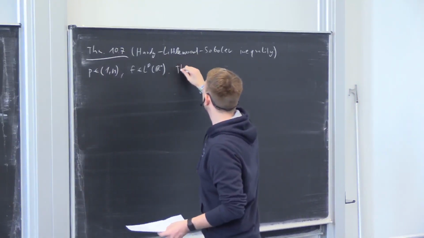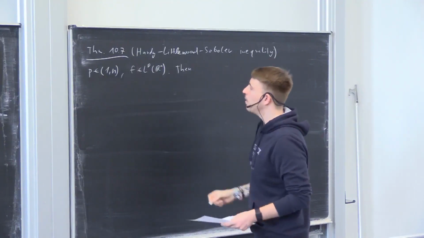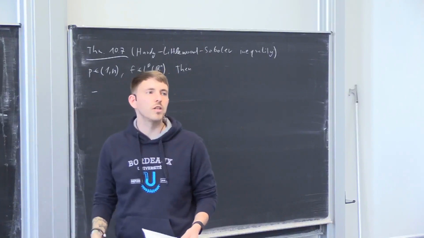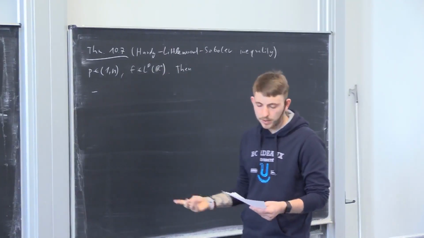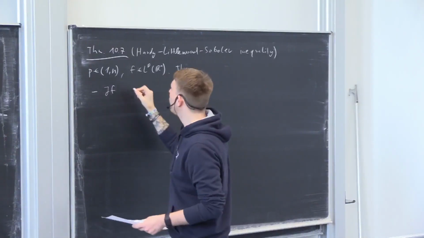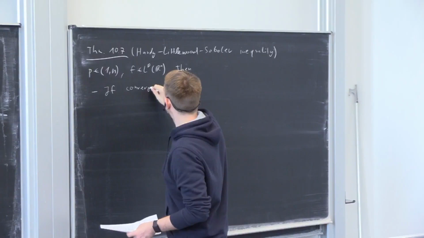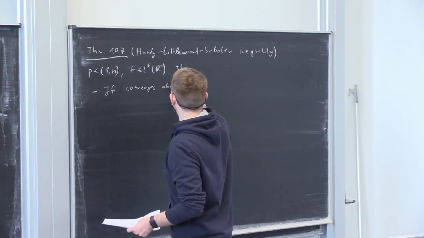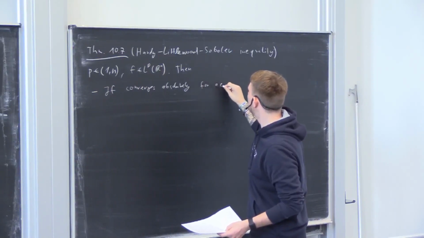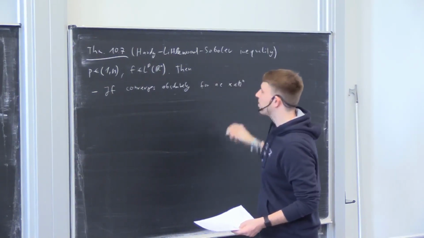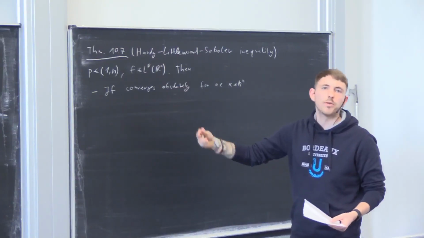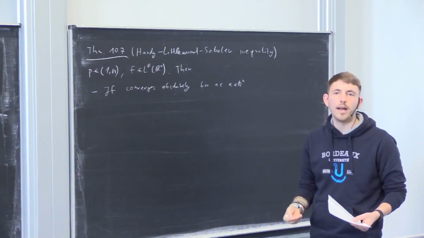So what happens then? I have the following two assertions. First, we wrote down the Riesz potential Jf(x) whenever it existed, and I claim here that Jf converges absolutely for almost every x. So in particular, when I work on L^p, the Riesz potential gives me an almost everywhere defined measurable function.